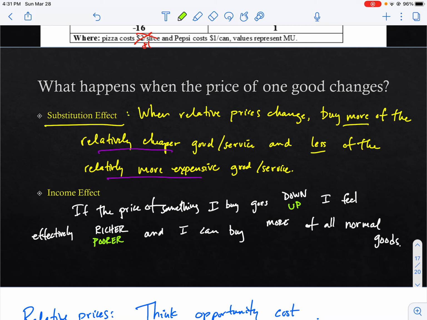A lot of us notice that. And then what happens? You feel effectively poor, right? A household that has a certain amount of driving to do may feel effectively poor, and they may buy less of a lot of normal goods. So in that case, maybe they eat out less.